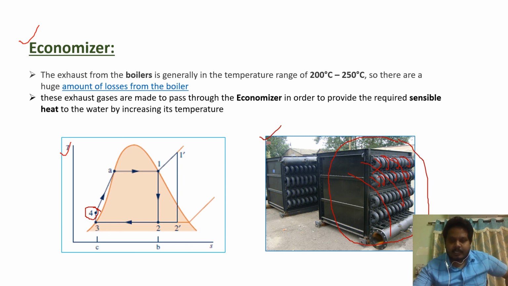That preheated water will enter the boiler, then that water will be converted into steam. So this is the use of the economizer. Okay, here also it is like a heat exchanger. The efficiency will be increased.